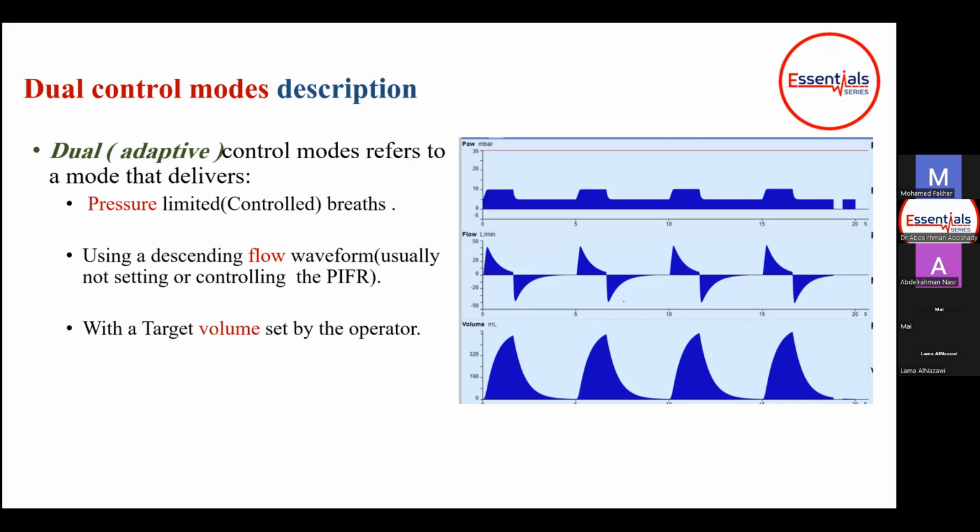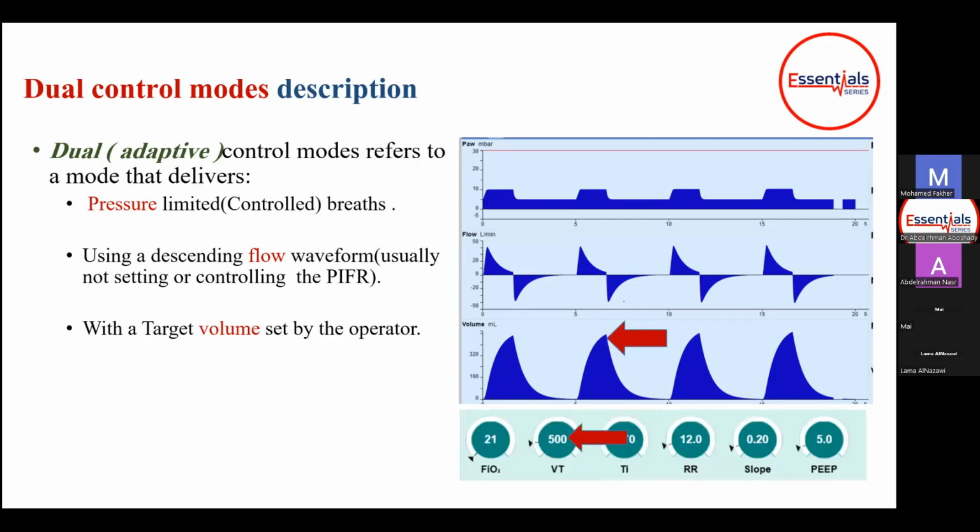We have a target volume, which is set by the operator, as we can see in the dual control mode or the adaptive mode. When the pressure limit does not achieve the target volume, in the next breath the pressure limit rises to achieve the tidal volume. So the tidal volume is achieved with the least pressure that can be done with the ventilator.